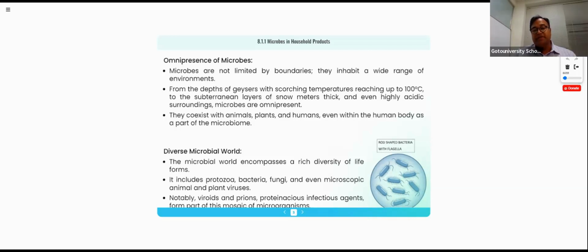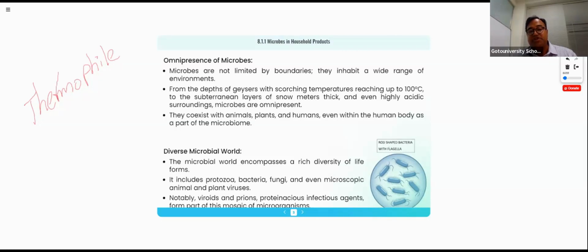You know very well, in the deep part of the ocean, at 100 degrees Celsius, there are some microbes living. At high temperature, those microbes we used to call thermophilic bacteria. This thermophile bacteria we used to call temperature resistant bacteria.